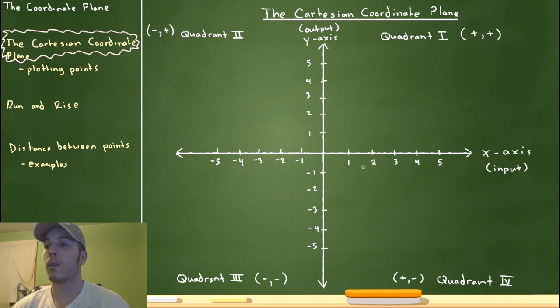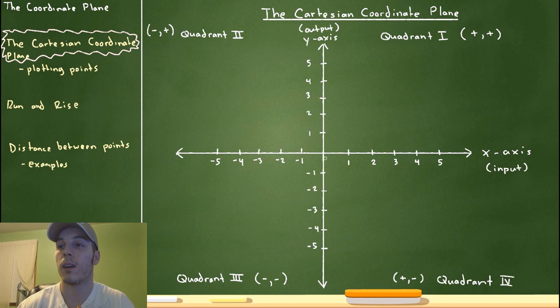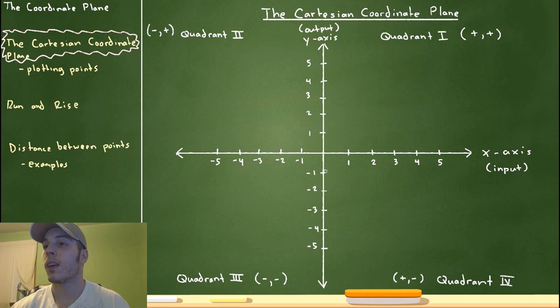Okay. So you're going to want to set up some type of consistent scaling throughout your x-axis. And then you want to set up a scale for your y-axis as well. And it doesn't need to be the same scaling as your x-axis. However, you do need to be consistent with your spacing here.